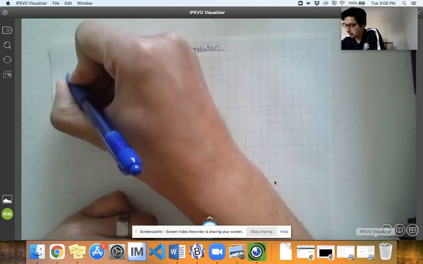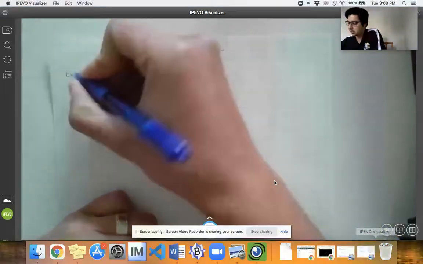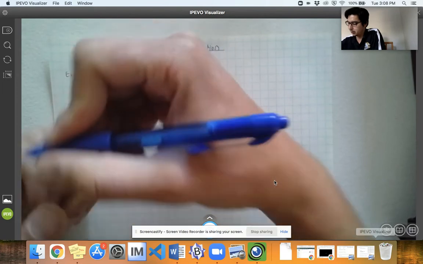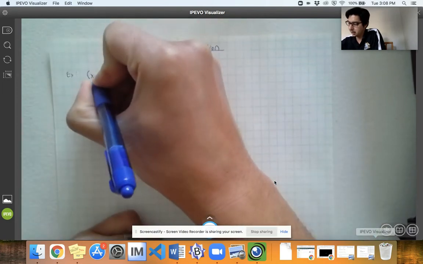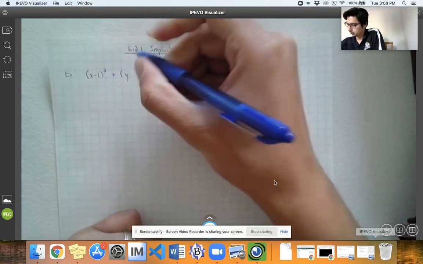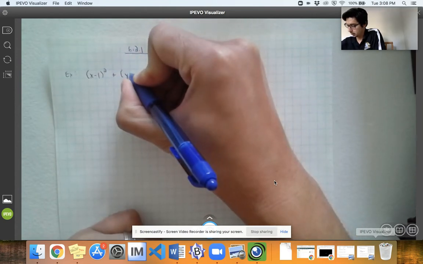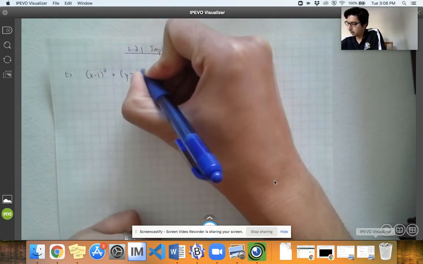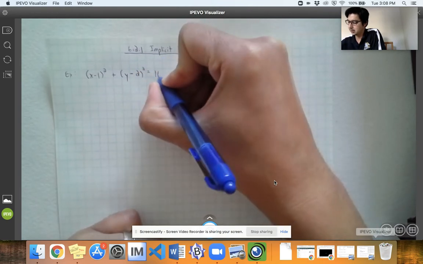So let's say, for example, we have a circle that's given by the equation (x minus 1) squared plus (y minus 2) squared equals 16.